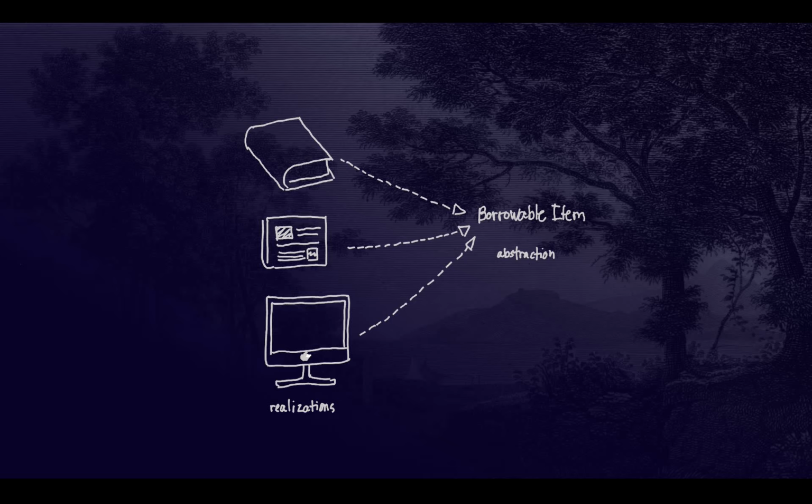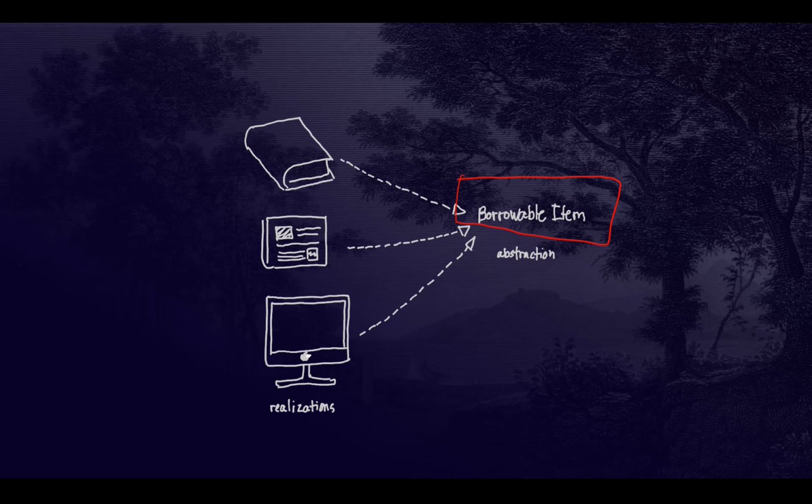So this is one of my favorite examples to use, the concept of a borrowable item, which is a representation of something in the real world that does not have a concrete form. It is something that can be borrowed.